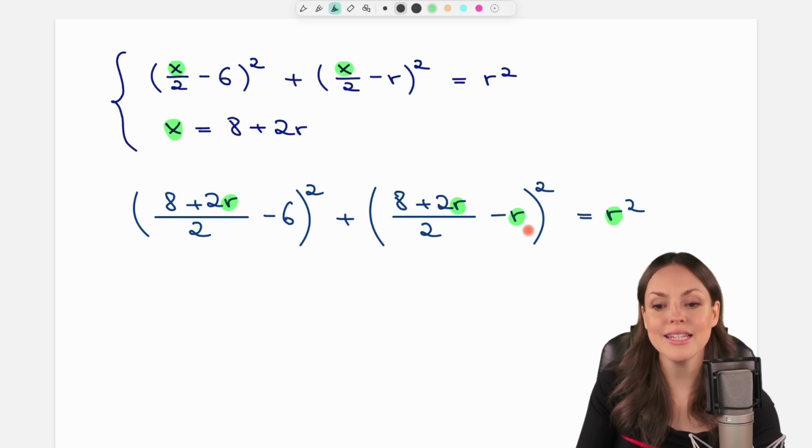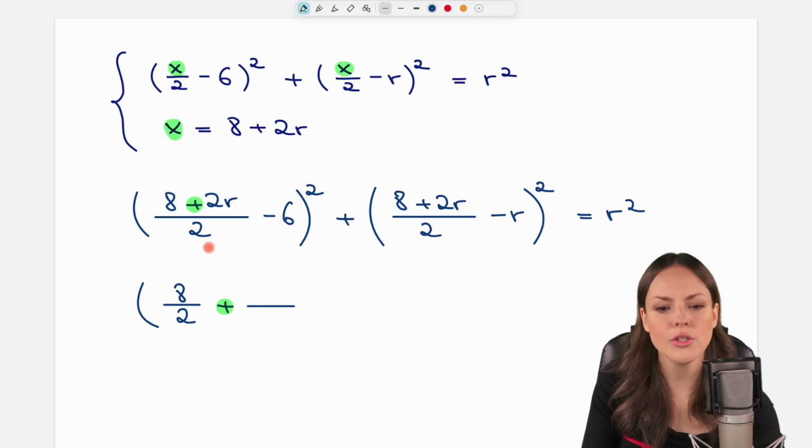We can solve this equation for r now. Of course, we have to simplify it a little bit. It's a little bit of work, but it is possible. So let's start here. We have this big fraction with a plus here, so we could write this one fraction as two separate fractions that are added, so that we have 8 over 2 here first, and then the second part, the 2r over 2 here.